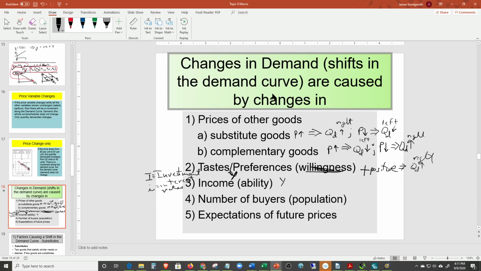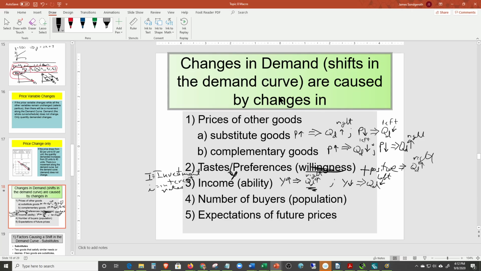So if income goes up, typically, and we're going to talk about this, for a normal good, that would mean obviously quantity demanded would increase, but we're really saying this causes a shift. In other words, this would be a rightward shift in the demand curve. Whereas if income goes down, everything else being the same, obviously quantity demanded of any normal good will decrease, and this will be a leftward shift.